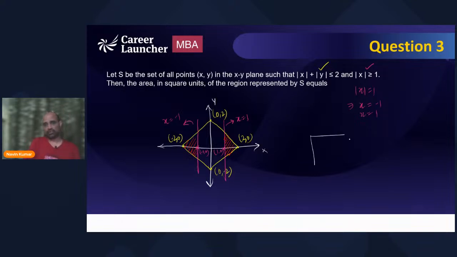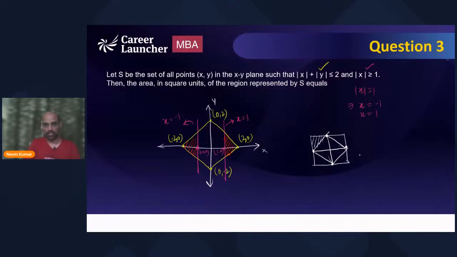So if I give you a square, and in this square, I take the midpoints and join them, and then join them further like this, can we say this area, or this triangle, will be equal to 1/8 of the total area, right?